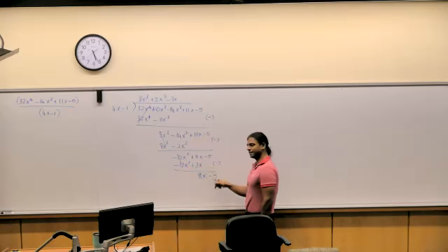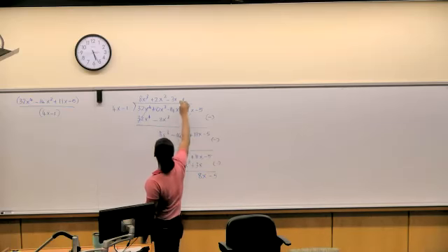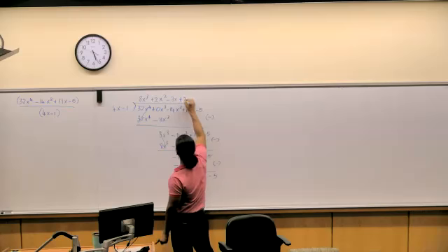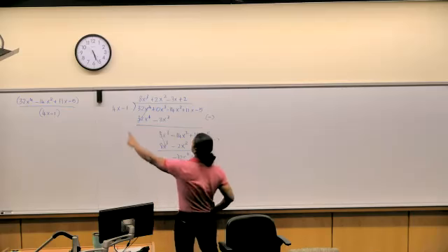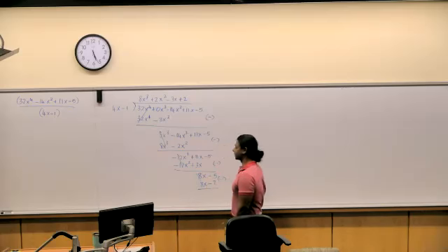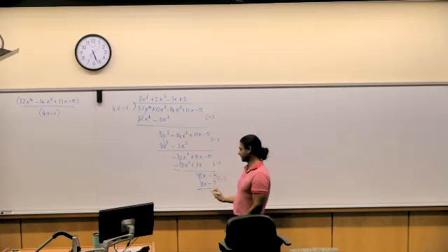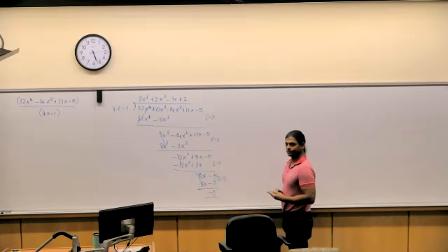Negative 5 minus nothing, still negative 5. Got to put something here so that I get 8x. So 2. 4x times 2, 8x. Negative 1 times 2, negative 2. Subtract. The 8x will go away. Negative 5 minus of minus 2 would be negative 5 plus 2. So the remainder is negative 3. Good.